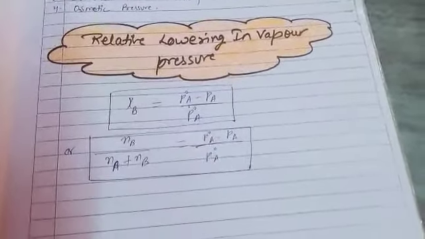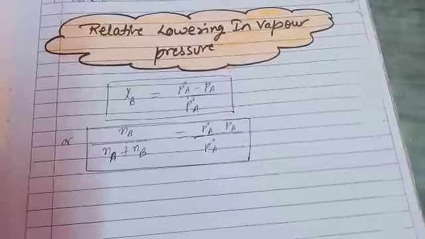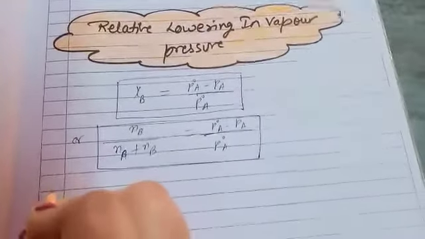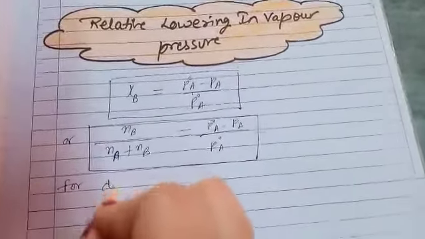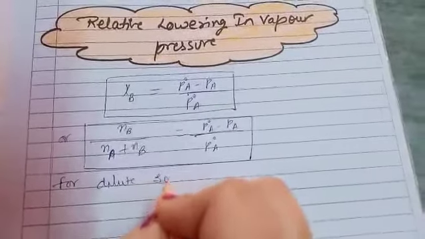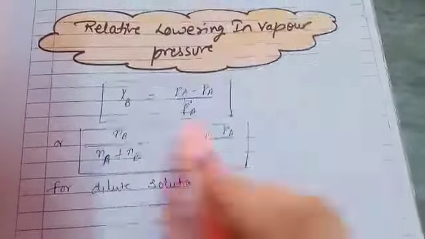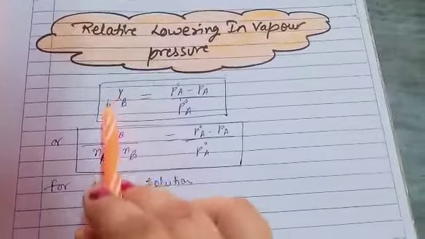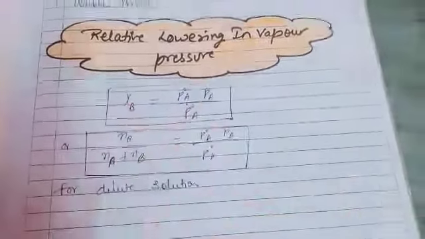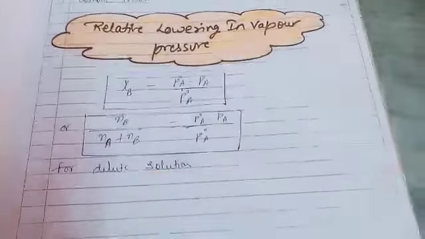Now you have one more formula, that one is for a very dilute solution. Actually, you have to learn only one formula, because you know the formula of mole fraction, so you can expand it and calculate accordingly, whatever is the demand of the question.